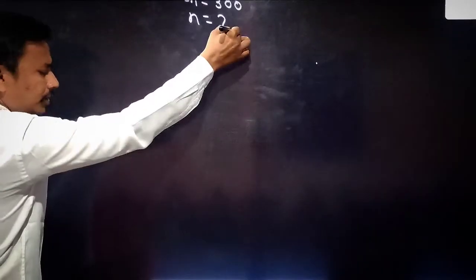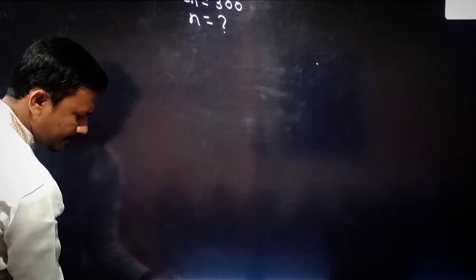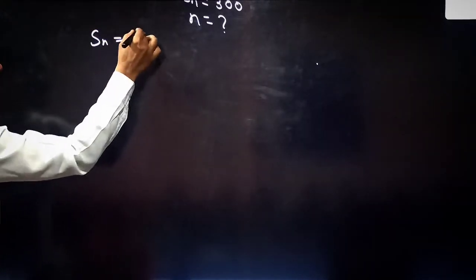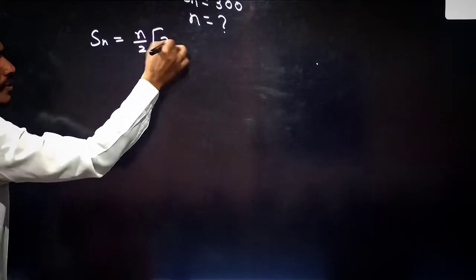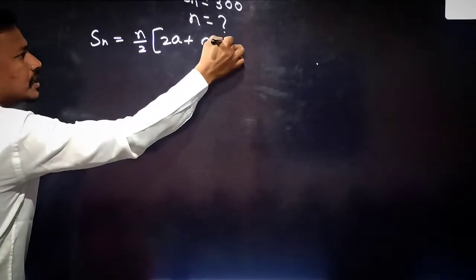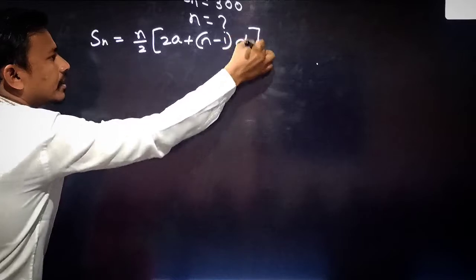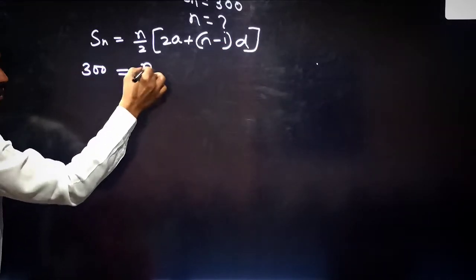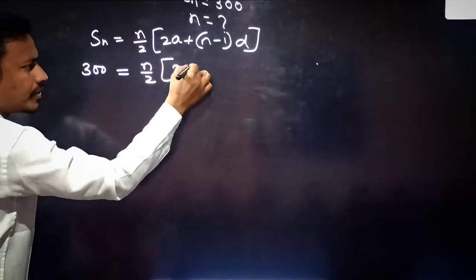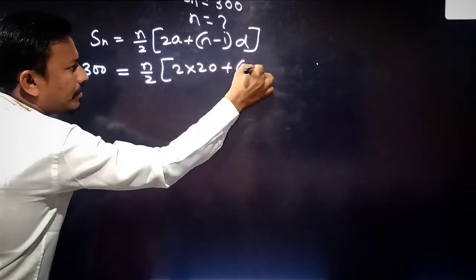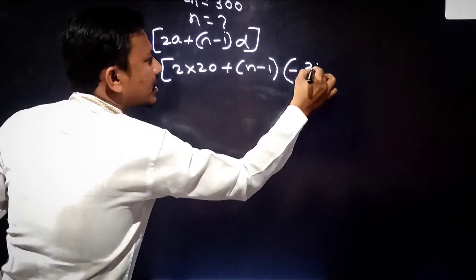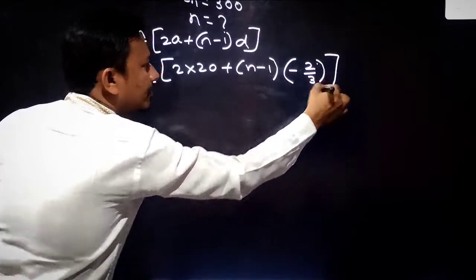We know that the formula is, what is the formula? Sn is equal to n by 2 in bracket 2a plus n minus 1 into d. So Sn is 300 is equal to n by 2 in bracket 2 into 20 plus n minus 1 into d. What is the value? Minus 2 divided by 3.